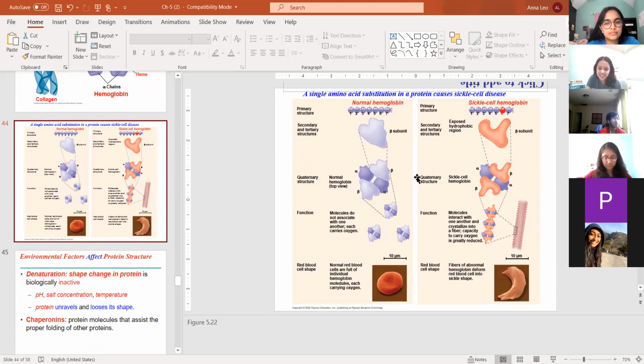In a regular cell, the molecules are able to carry oxygen. When you have sickle cell disease or sickle cell anemia, these molecules crystallize, so they're not able to carry the oxygen correctly, and because of that, the shape of your cell is going to change.